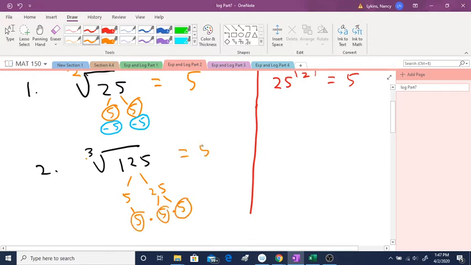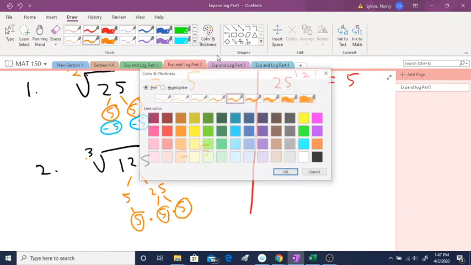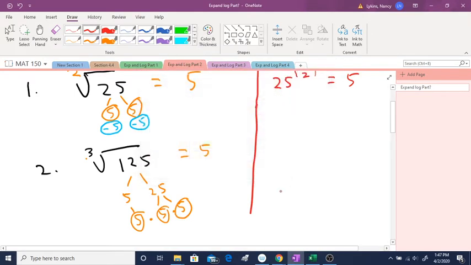That means my answer is 5. Now, how you would put this in your calculator, you could say 125, the raised symbol, in parentheses 1/3, if your calculator does not put it in the exponential form, and then you should get 5.